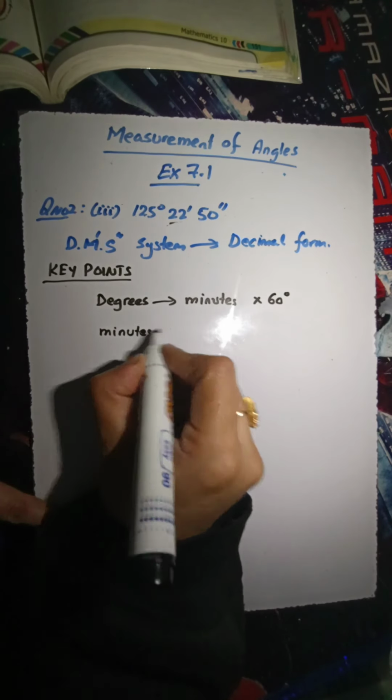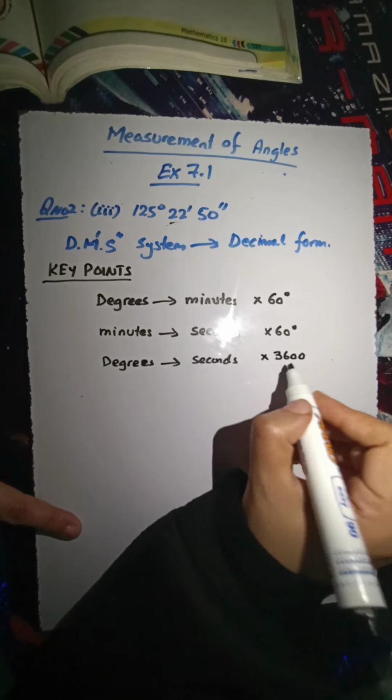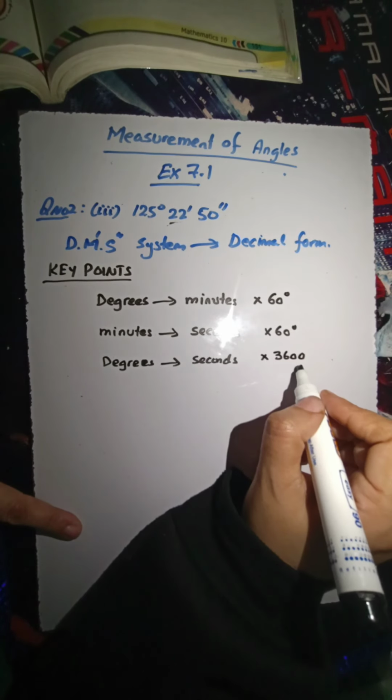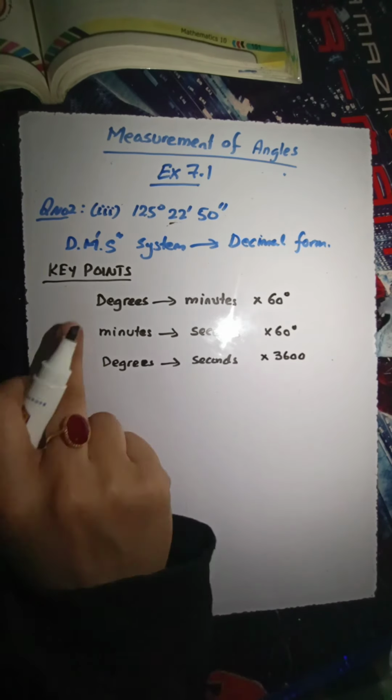Because 1 minute is equal to 60 seconds. Now if you want to convert degrees into seconds, then obviously you have to multiply by 3600, because when you go from degrees to minutes you have to multiply by 60, and then minutes to seconds you have to multiply again by 60.